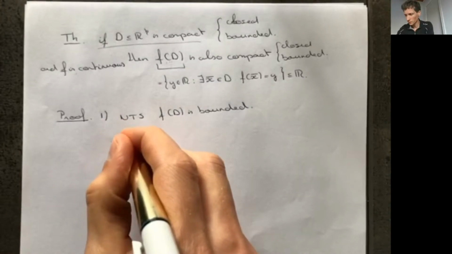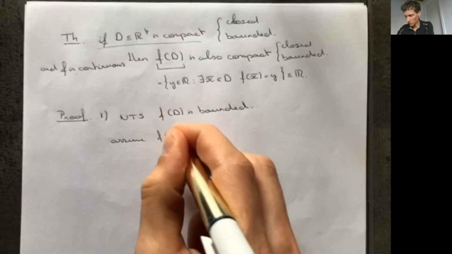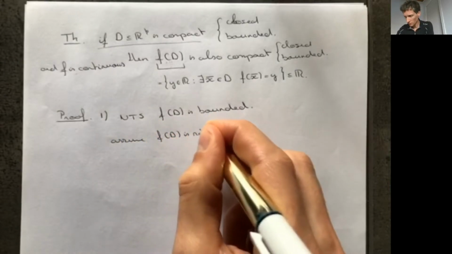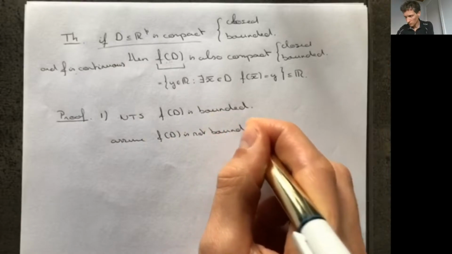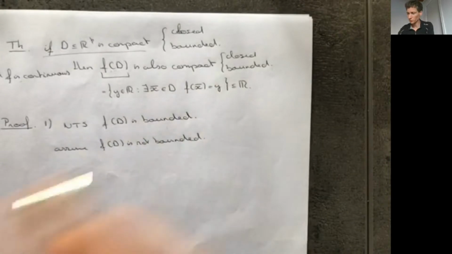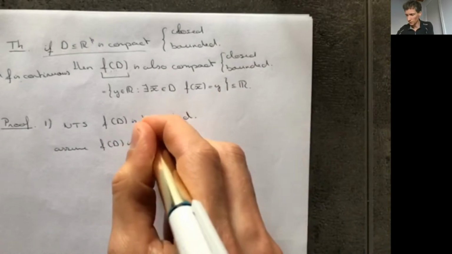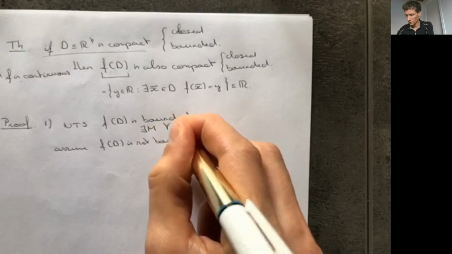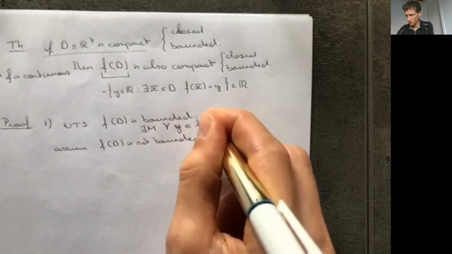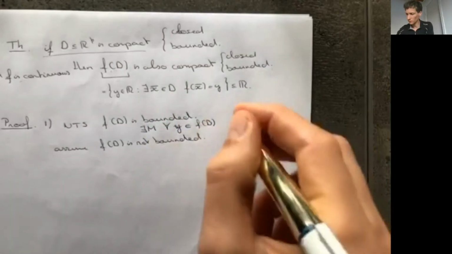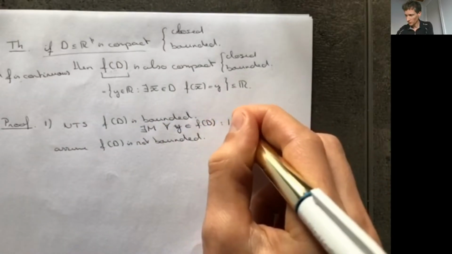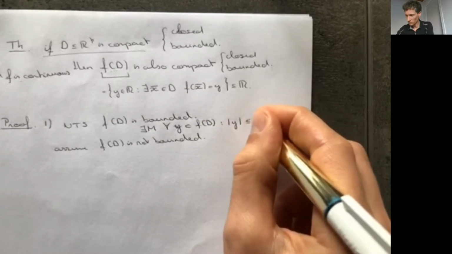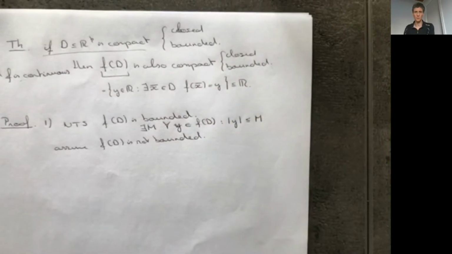For the contradiction, we're going to assume f of D is not bounded. First of all, remember what it means for a set to be bounded. It means that there exists a number m such that for all y in f of D, the absolute value of y is lower or equal to this number m.